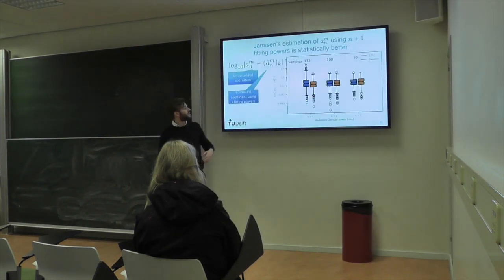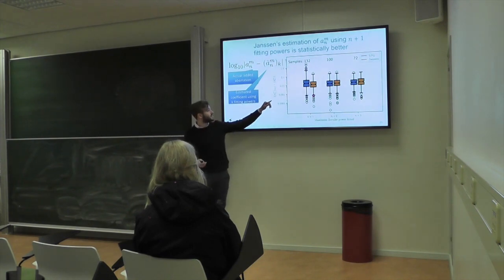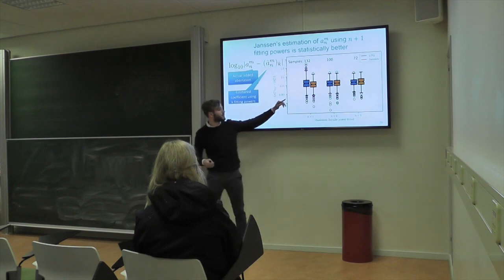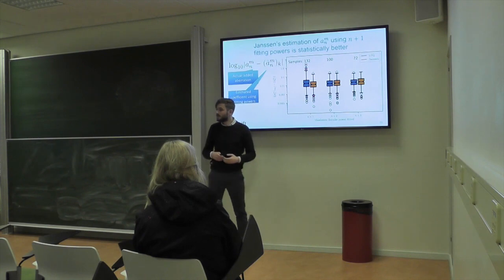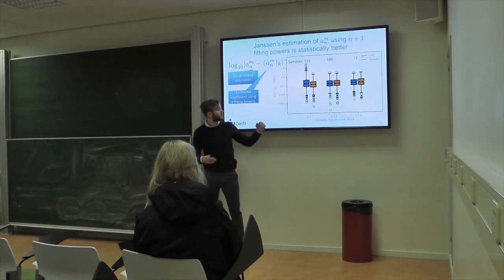If we look at the box plot showing all the data that is gathered, it can be seen that this difference, the median of this difference for the least squares method in blue, is significantly higher than for Jansen's method in orange for n plus 1 fitting powers.